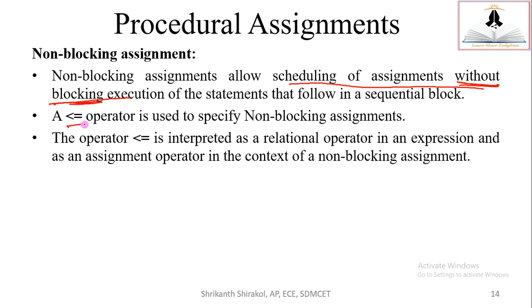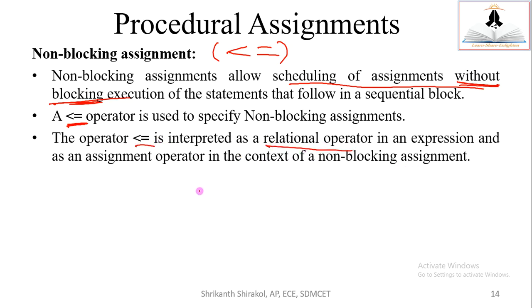What is the meaning? The operator used is this: less than symbol and equal to. That is the operator used for specifying non-blocking assignments. The non-blocking assignment operator is interpreted as a relational operator in an expression, and as an assignment operator in the context of a non-blocking statement. You should not confuse this with a relational operator.